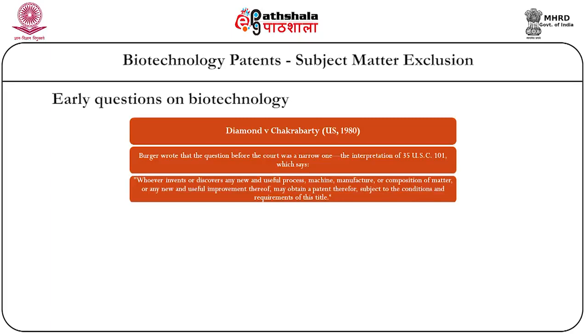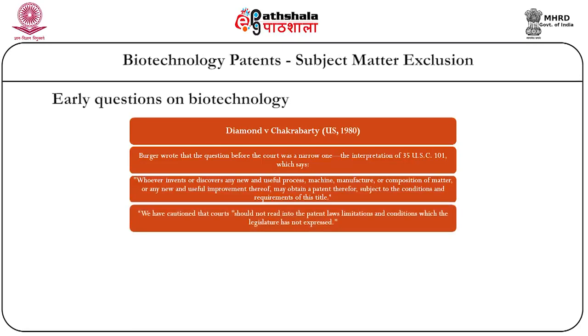So the question was whether a genetically modified organism as invented by Ananda Chakrabarty would fall in either a machine, a manufacture, a composition of matter, or any useful improvement thereof.